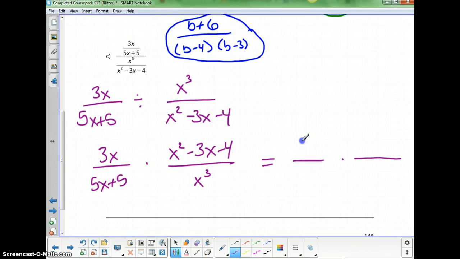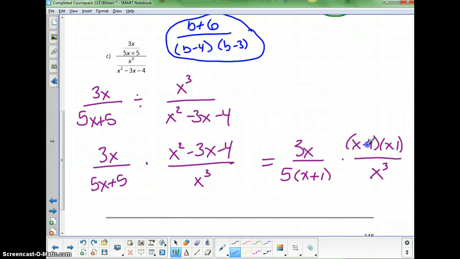The top of the first one doesn't need to be factored, the bottom of the second one doesn't need to be factored. The bottom of the first one can be factored by pulling out a 5, leaving me with 5 times x plus 1. And the trinomial will factor with an x in each parenthesis, so that's going to be probably a 4 and a 1 to get that 3.